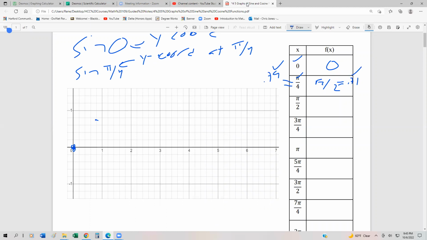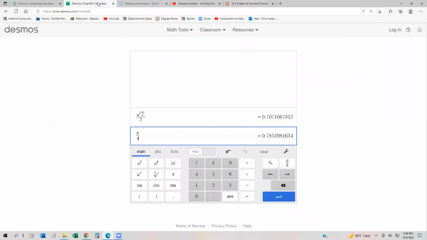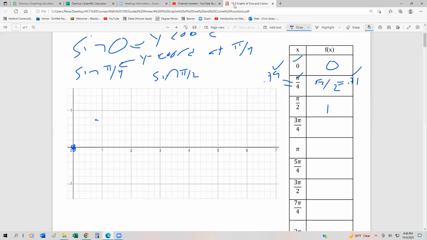Pi halves. The sine of pi halves, if we go into the unit circle, is going to be the y coordinate at pi halves, which is going to be 1. We also should figure out what pi halves is in our calculators. I'm just going to change this from pi fourths to pi halves, and that's going to be 1.57. So this is about 1.57.